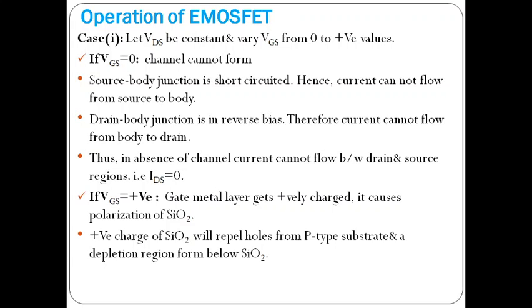That means the inversion layer acts as a channel, and the conductivity of the channel increases. Clear? Increasing the gate voltage more and more, at some particular value of gate voltage the concentration of electrons in the inversion layer is almost equal to the concentration of holes in the p-type substrate.